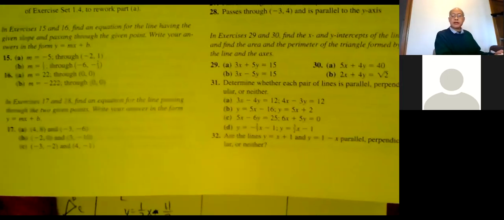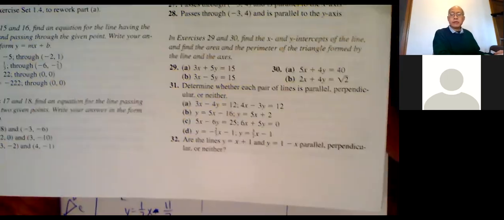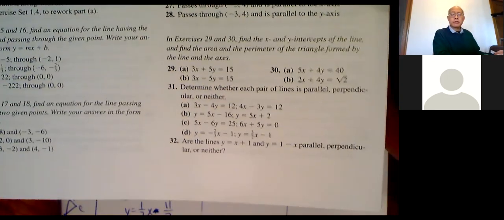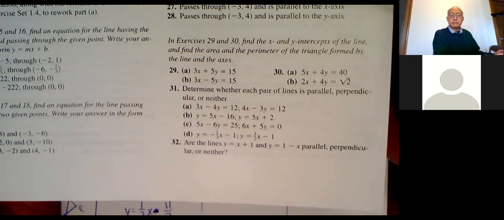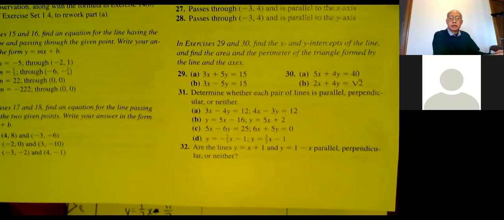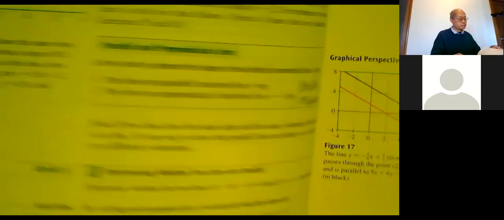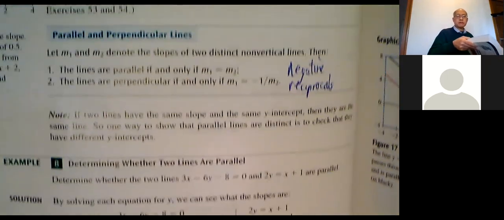All right, how do you do stuff like 31? Determine whether each pair of lines is parallel, perpendicular, or neither. What you're going to do is find the slopes in each case. Let's look at the rule for that. Page 50.